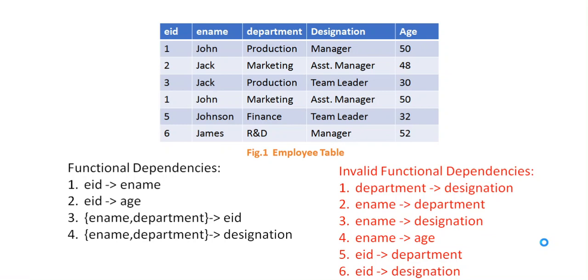Means for the same name we have two different values of age. So that's why we can say that employee name determines age is an invalid functional dependency. Age is not dependent on employee name. Okay, so this is how we can find out the functional dependencies from the table.